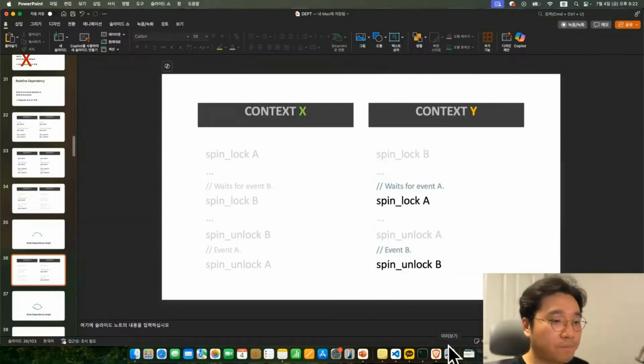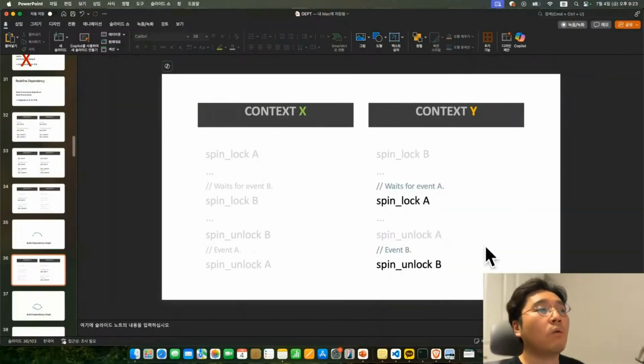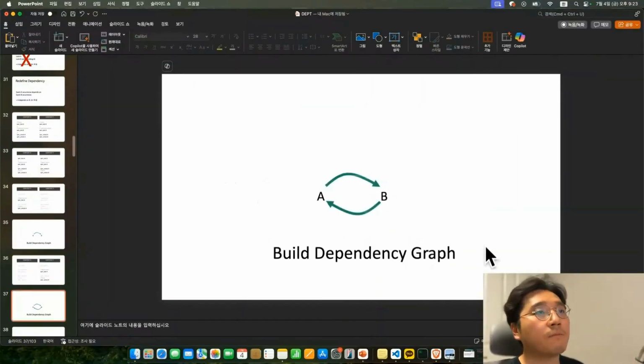As you know from the previous slide, in context Y, event B occurs depending on event A, which is unlocked in this situation, right? So we can draw a graph from B to A.